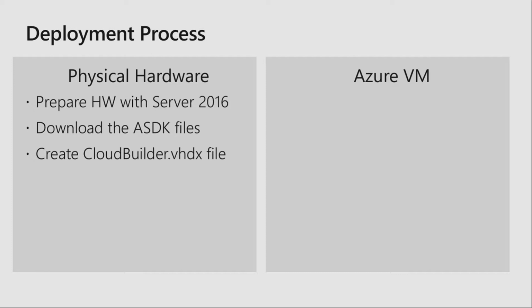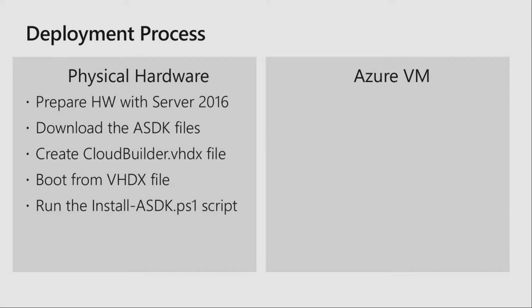And then you run an install script, and what that does is it sets the bootable drive to this VHDX file that has all the prerequisites to install Azure Stack. You boot to that VHDX file, and then you run the install script, and that's what actually provisions the whole Azure Stack deployment. That's the physical hardware, so lots of steps there.